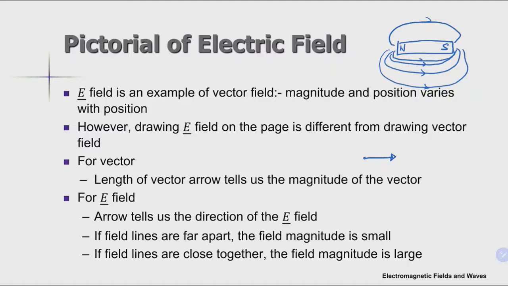The strength of the magnitude depends on how far apart the lines you draw, just like how you learned it in magnets. When you draw more lines, it shows that the magnitude is stronger at that point. If you draw fewer lines, you know that the electric field is lower in magnitude at that point. The same thing with electric field.